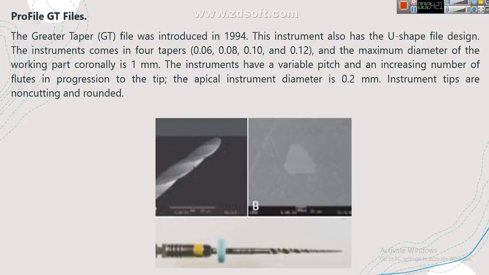The ProFile GT file, the greater taper file, was introduced in 1994. This instrument also has a U-shaped file design. This instrument comes in 4 tapers: 0.06, 0.08, 0.10 and 0.12.